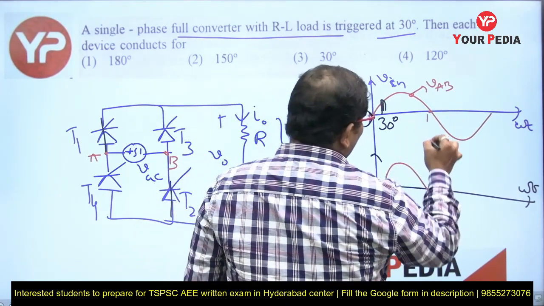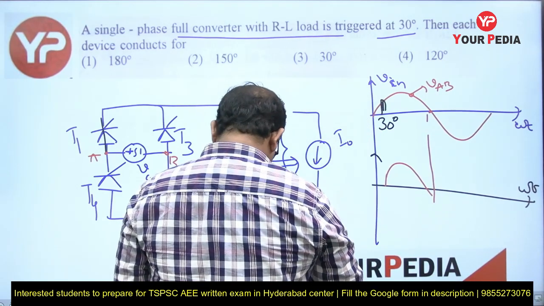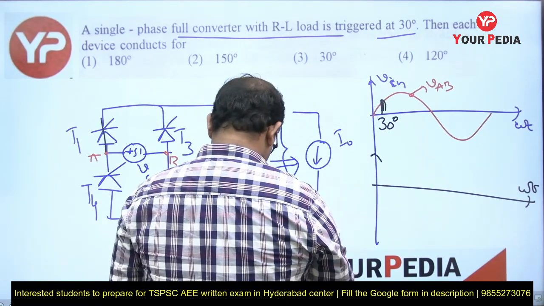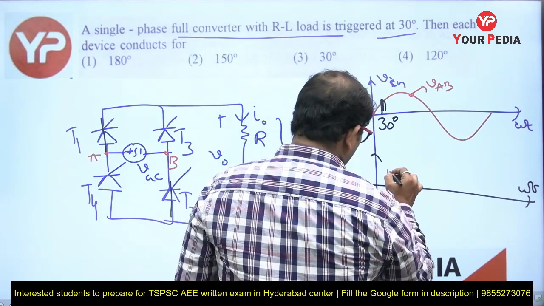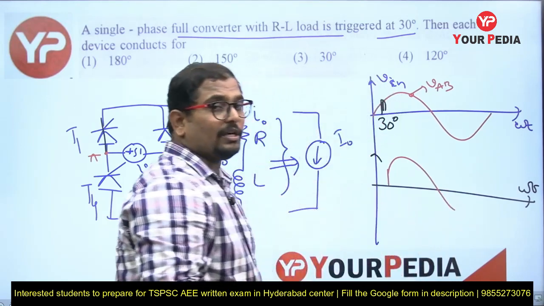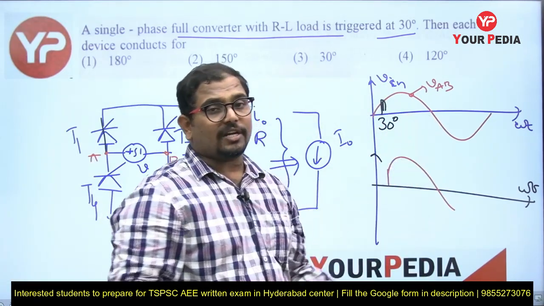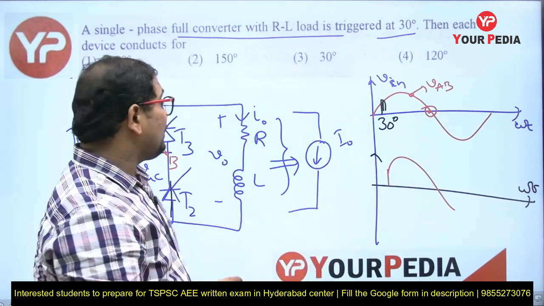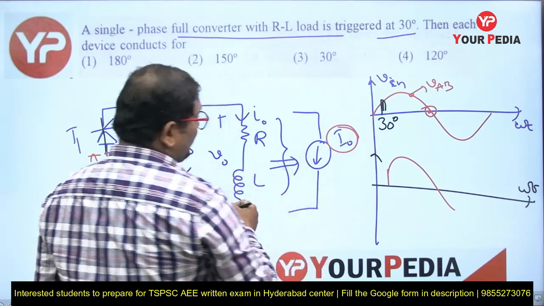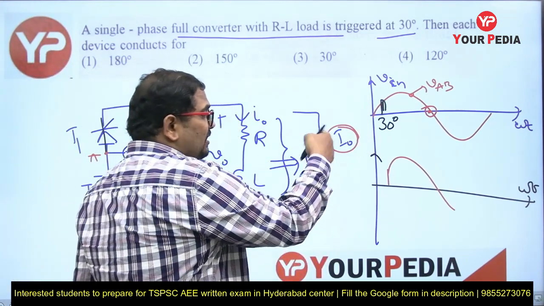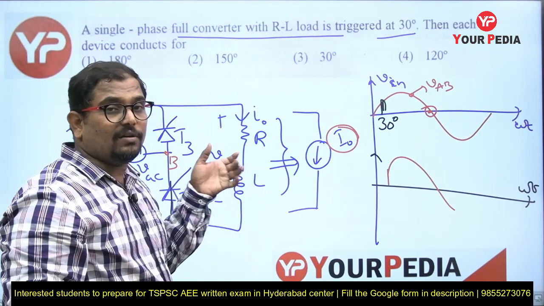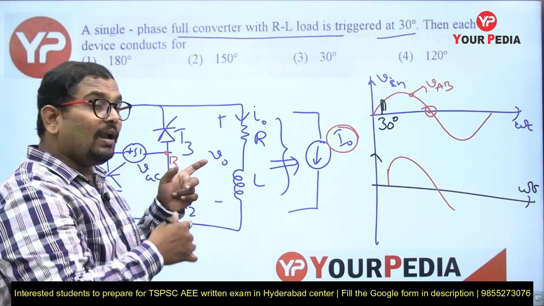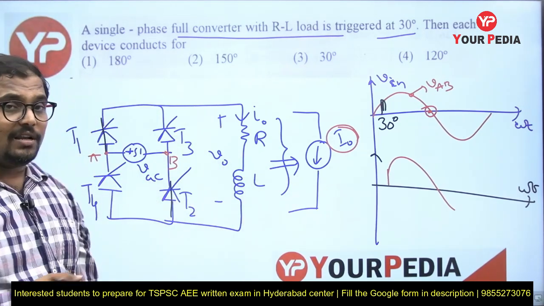And at this point, what is happening? From here the output voltage follows the input voltage. At this point, the devices try to turn off because of the application of zero voltage across the devices, but because of the constant load current, this continuous conduction load will force the devices T1, T2 to stay in the on state until the next pair of devices is turned on.